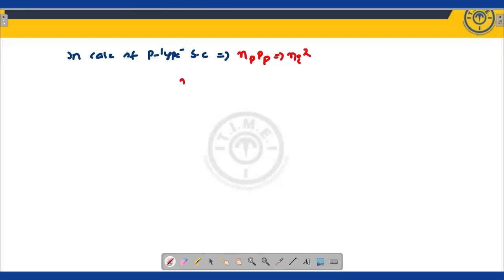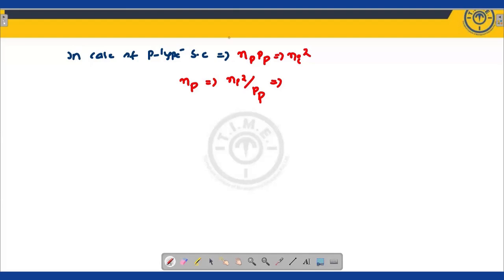Now he is asking Np. Np is equal to Ni square divided by Pp. So if I take it, Np is equal to Ni square by Pp, my dear friends.